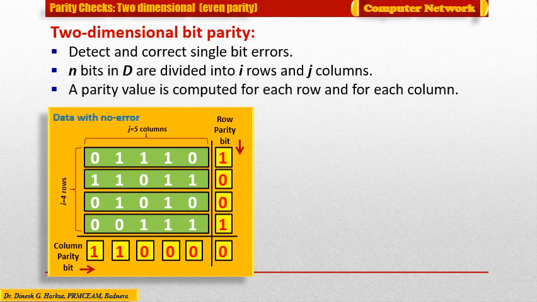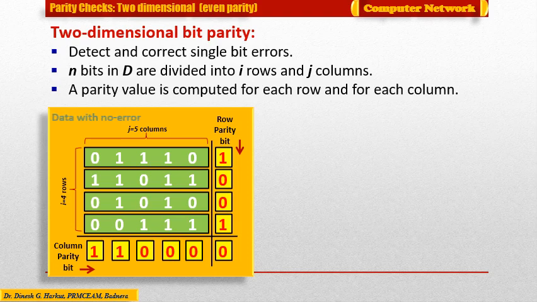Suppose now this is data wherein there is no error. This is error free data because for each row as well as for each column the parity bit is valid. Suppose now that a single bit error occurs in the original n bit data during transmission.